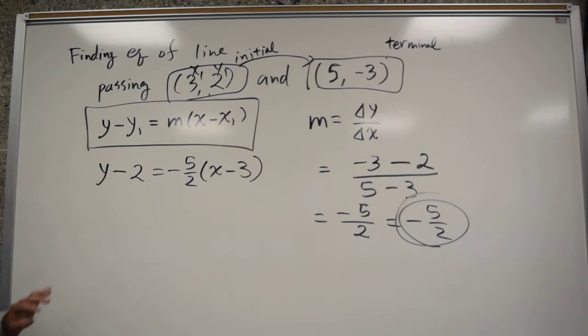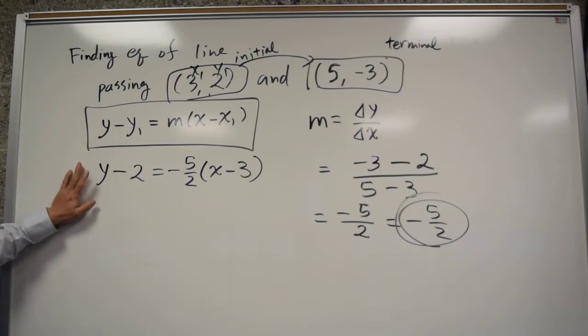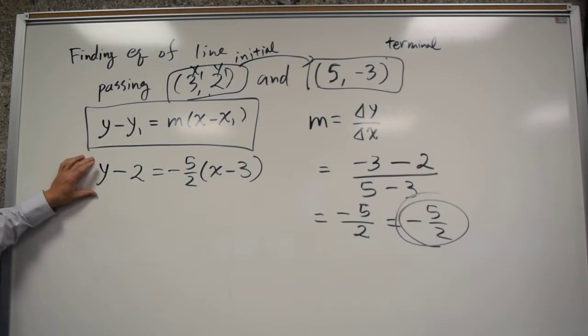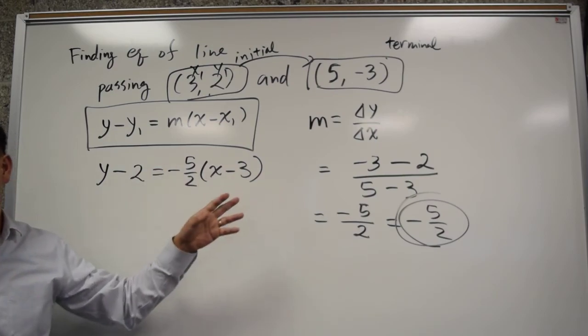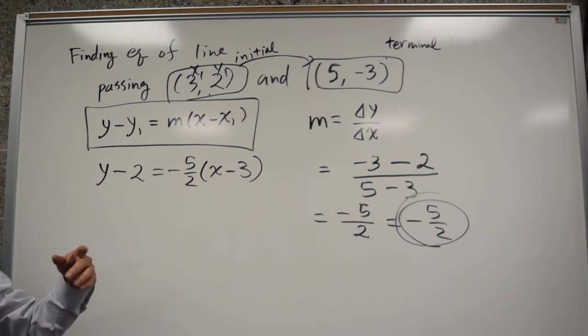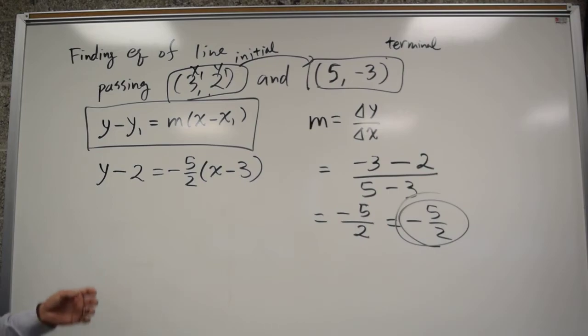So that is the answer in point-slope form. For some questions, I might just ask you to write the equation in point-slope form. In that case, this is where you stop. For some questions, I might ask you to write it in slope-intercept form. In that case, you have to multiply this out, simplify, and solve for y to put it into slope-intercept form. For this question, let's pretend that that's the case.